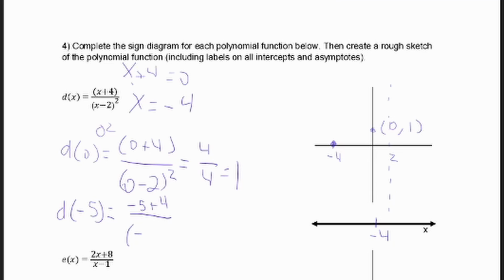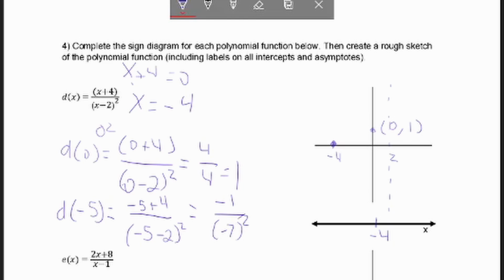On the bottom, this will give us negative 5 minus 2 squared, so that will be negative 1 over negative 7 squared. So this is going to be a negative number, negative 1 over 49, which basically means that all the values on this side of the graph are going to be negative. So we can show that the graph, when x is less than negative 4, is all negative.